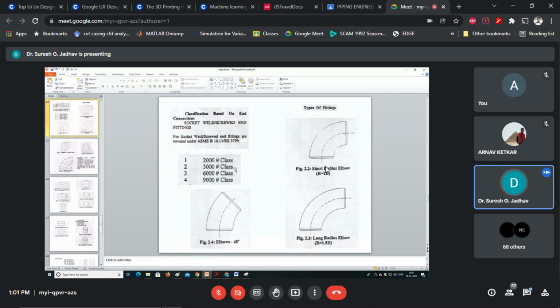The screw end fittings can be with parallel threads or with taper threads. Taper threads are prepared for the fittings.